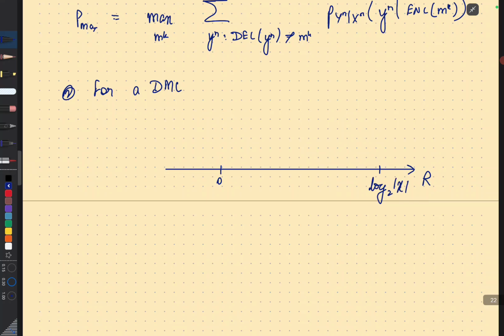So for any channel with an input alphabet X, the maximum possible rate can be log cardinality of X. It's impossible to transmit at any higher rate, right?